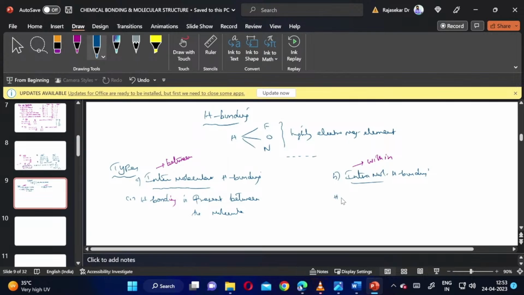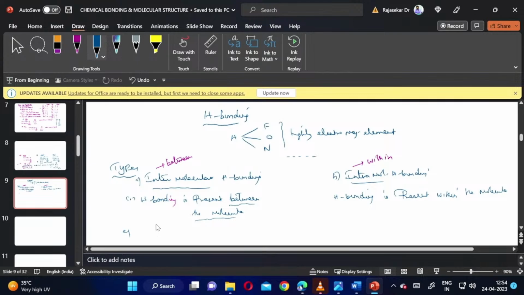Here hydrogen bonding is present within the molecule. Here between the molecules, underline, here within the molecule. Correct or not? So the best example is, here between the two molecules, no.